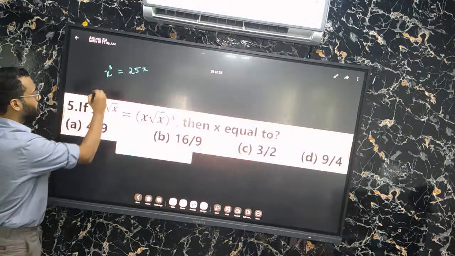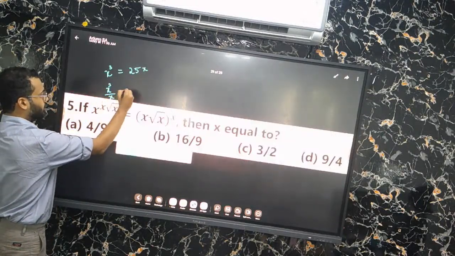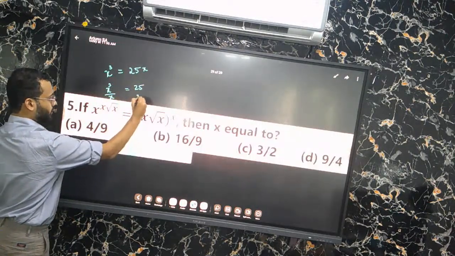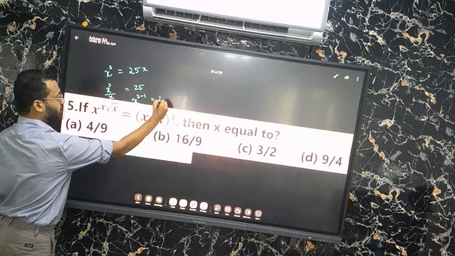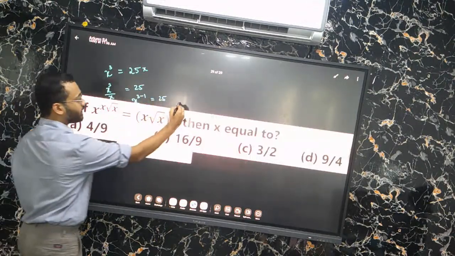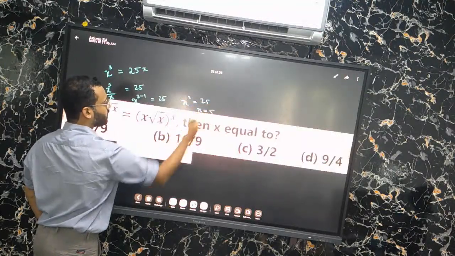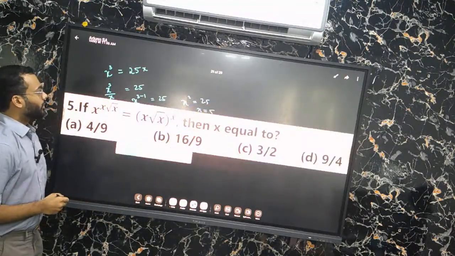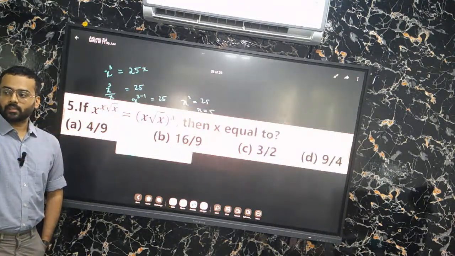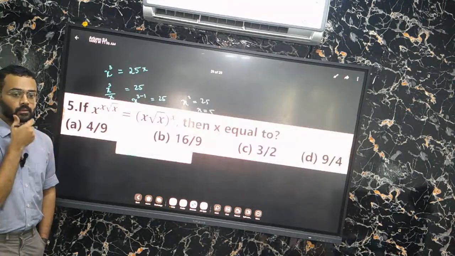That is nothing but x cube divided by x equal to 25. That is nothing but x to the power 3 minus 1 equal to 25. This is how you simplify it. Then you will get x square equal to 25 and you will get x equal to 5. So what I'm trying to say is bring all the x terms together and the number on the other side. Then you will easily find the value of x. Got it?